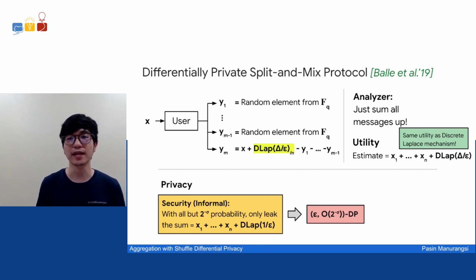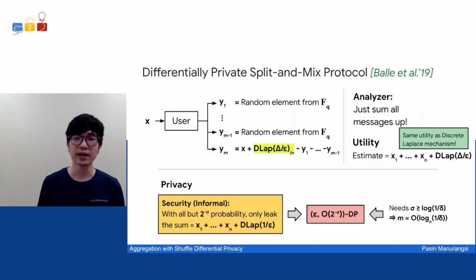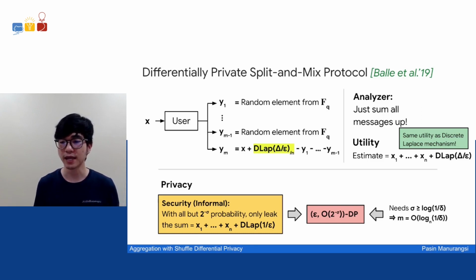And that's why you get epsilon-delta DP, where delta is roughly the same as 2 to the minus the security parameter. And here, in terms of setting the parameter, you have to set the security parameter sigma to be log 1 over delta.